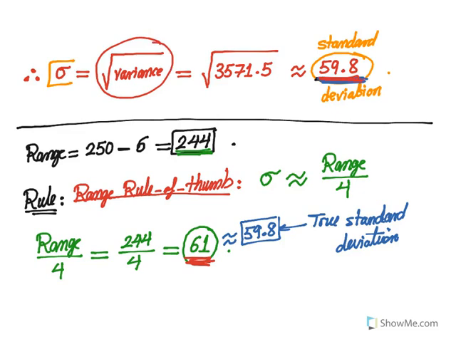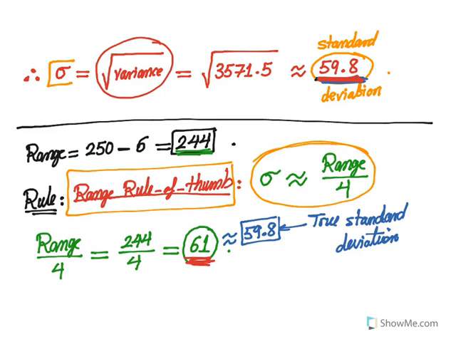But also, this is nice that once you get an answer, you can at least know if it makes sense or not by using the range rule of thumb, which is here, that the standard deviation is approximately the range divided by 4. And remember, the range is always the highest value minus the lowest value in your data. So you get 244 when you divide it by 4, and 4 is a number that doesn't change.